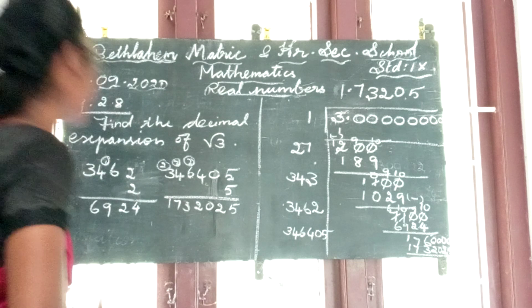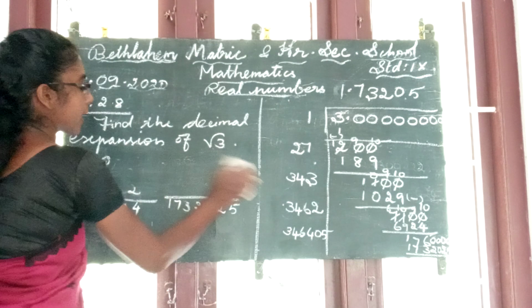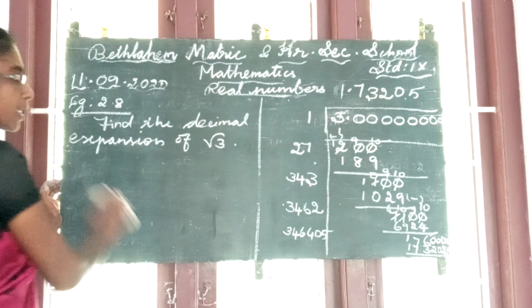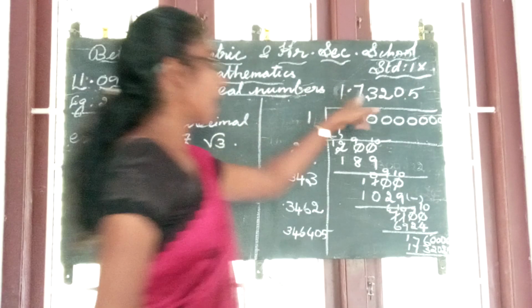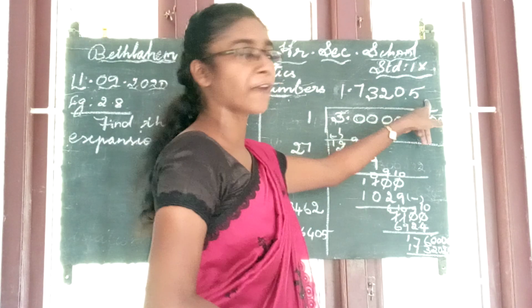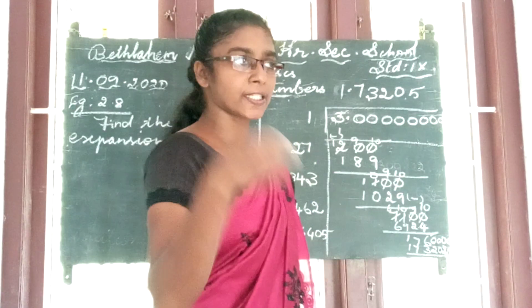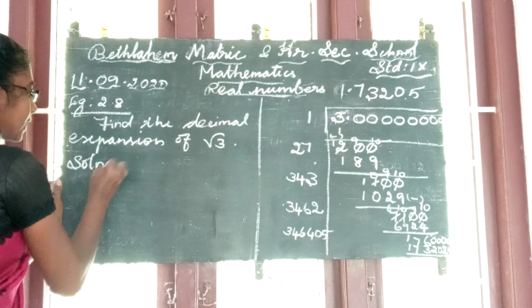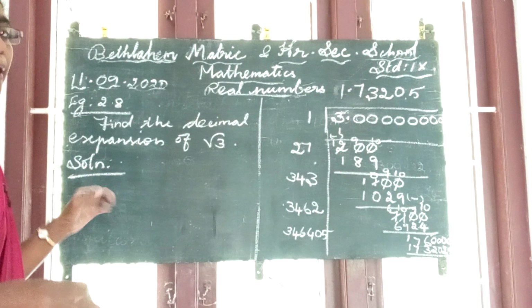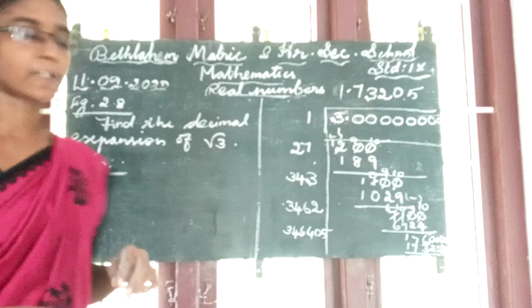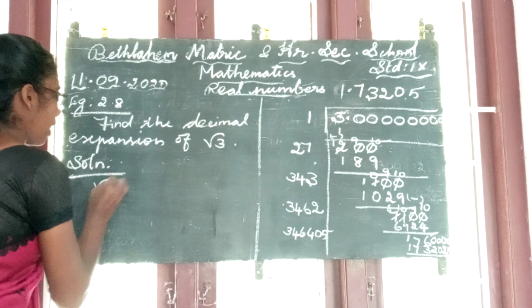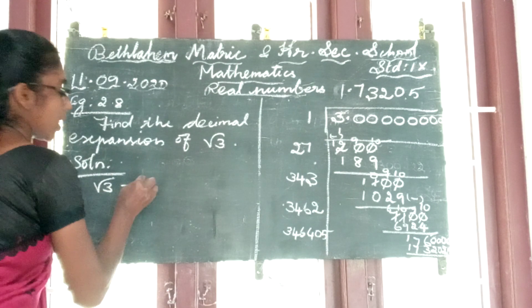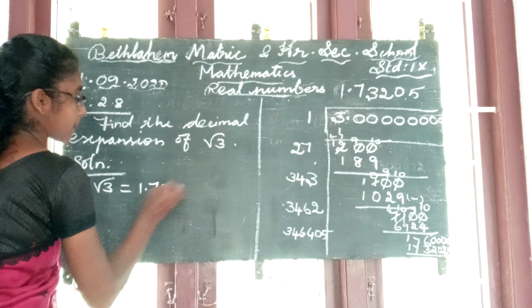It is going continuously. Any number is repeating. Check it here. 1.73205 etc. It is going on. So we can say it is a non-terminating and non-recurring decimal expansion.